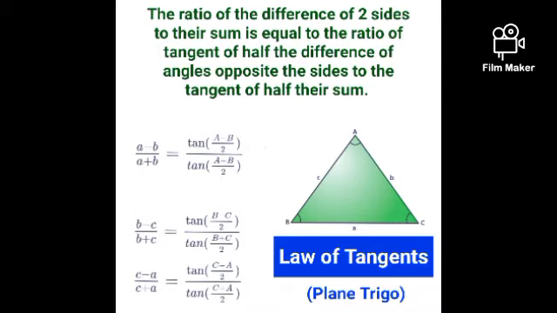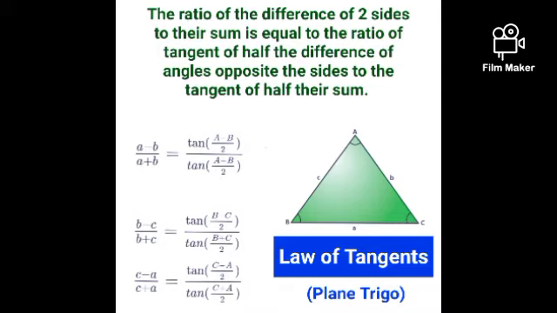If we are considering the sides small a and small b, and we write the equation from the law of tangents, we have the ratio of the difference of two sides, a minus b, and their sum, a plus b.